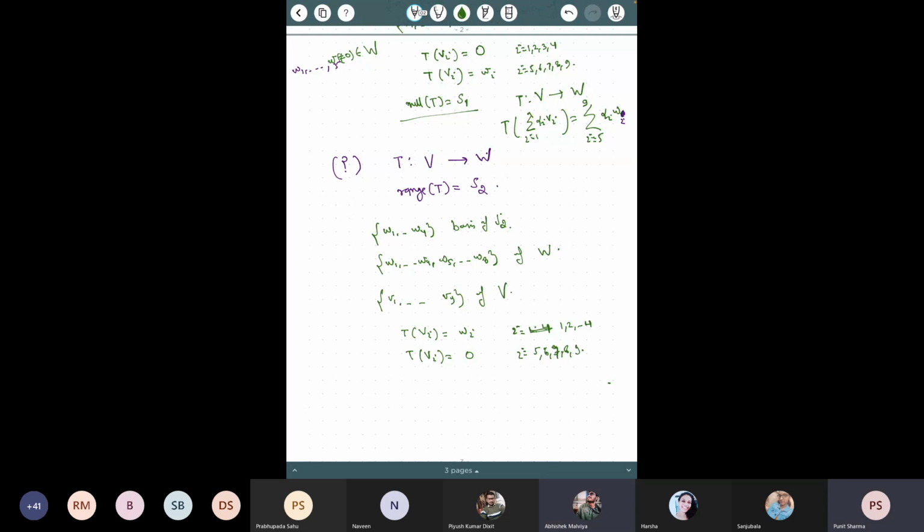So this way, depending on your question, there may be only one vector space V and only one subspace. For example, let us take this question also.